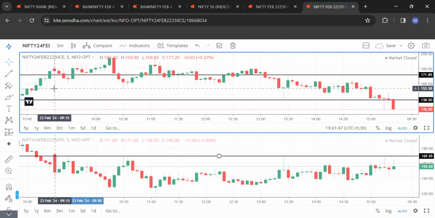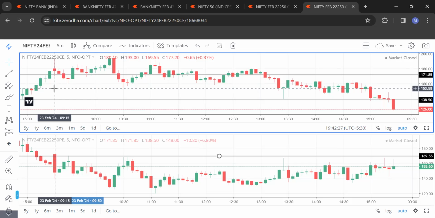193 plus the low of 138.5 equals 331.5, divided by 2 is 165.75. Now the cube root of 165.75 is 5.49. 5.49 multiplied by 5.49 is 30.14, plus 165.75 is 195.89.